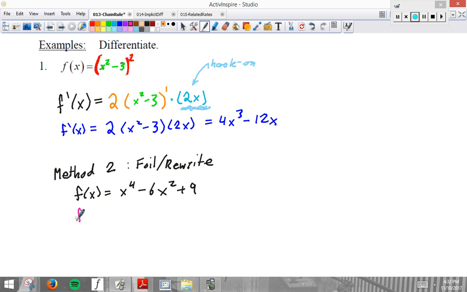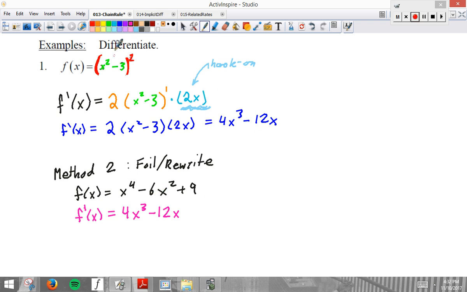And if I took the derivative here, 4x cubed, 2 times negative 6, negative 12x. Derivative of 9 is 0. And you see we get the same thing.